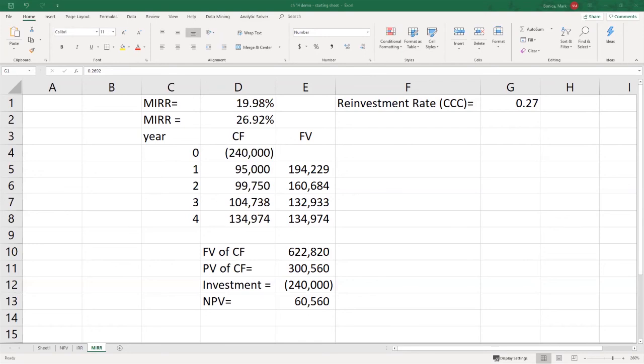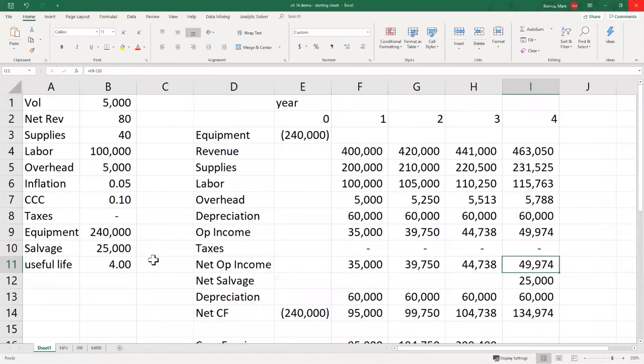So let's go back. I was playing earlier with the sheet. So let's go back here and look at a couple of things. Now we're back on our original sheet, and let's assume now that we have a for-profit company. That means that they're going to pay taxes.